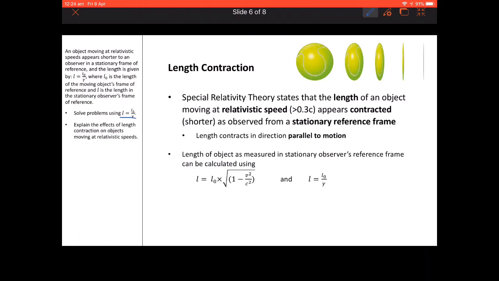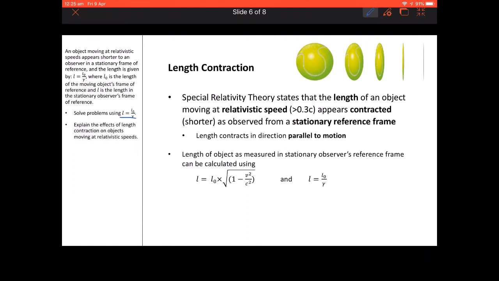As I just touched on, special relativity theory states that the length of an object moving at a relativistic speed, so something greater than 3/10 the speed of light, as I mentioned before, appears to be contracted, so it's shorter, as observed from a stationary reference frame, and this length contracts in the direction parallel to motion.